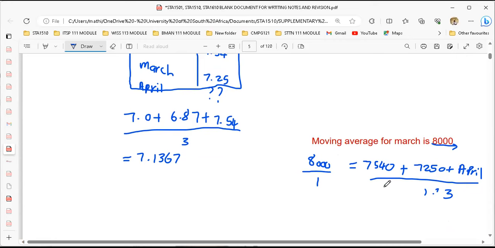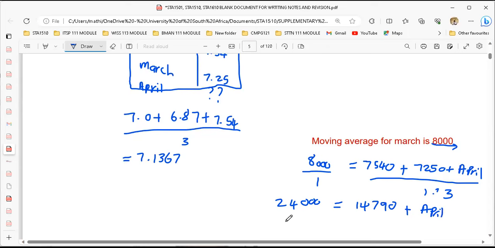So 8,000 multiplied by 3, and then I got 24,000, which is equal to, I have to add these two. So 7,540 plus 7,250, and then I got 14,790. Don't forget, plus April. I need to find the one for April.